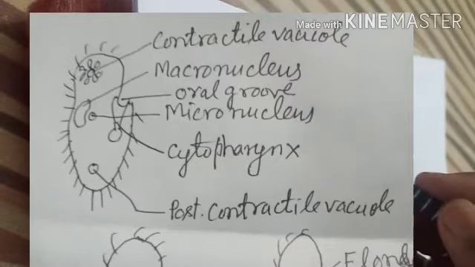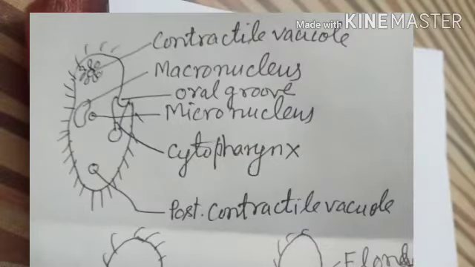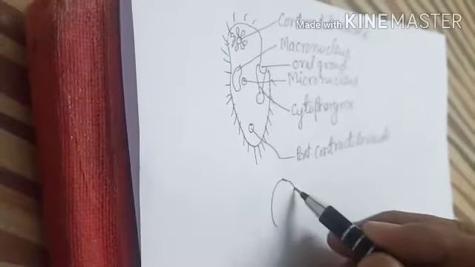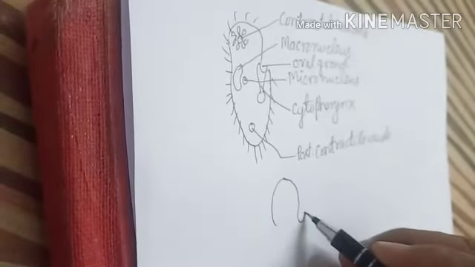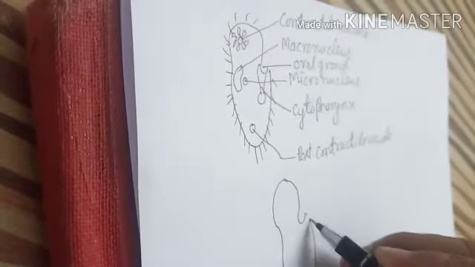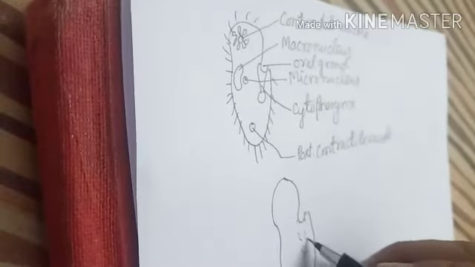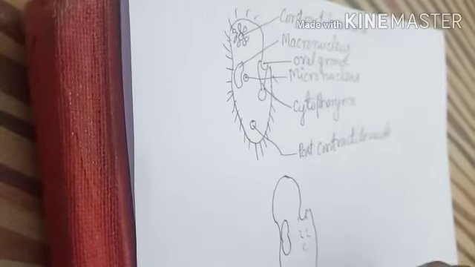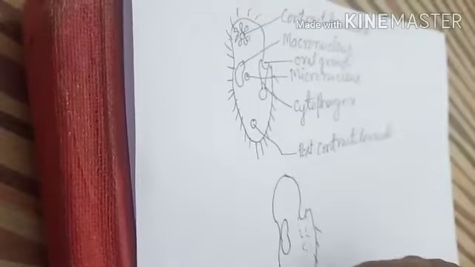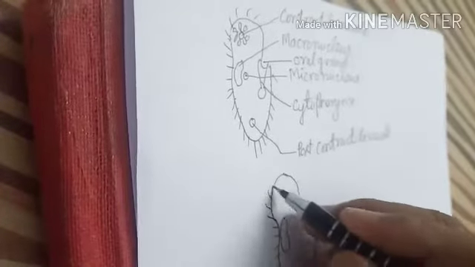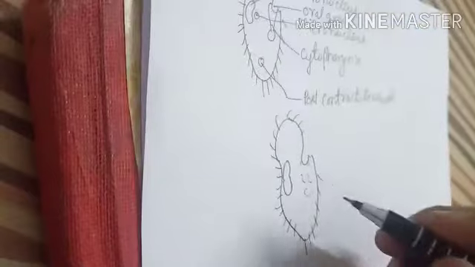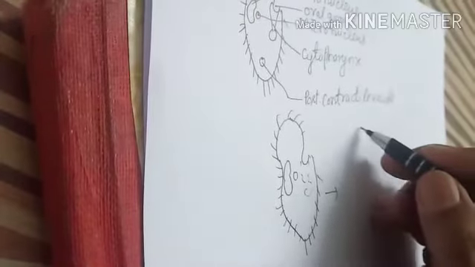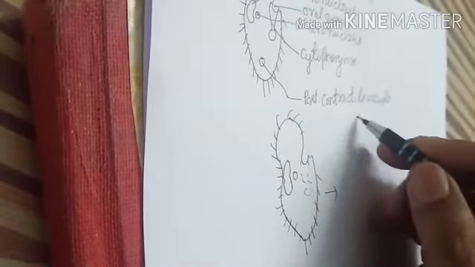As soon as transverse binary fission starts, first of all, the oral groove degenerates, the cytopharynx degenerates, the macronucleus elongates, and later on the micronucleus divides by mitotic division.